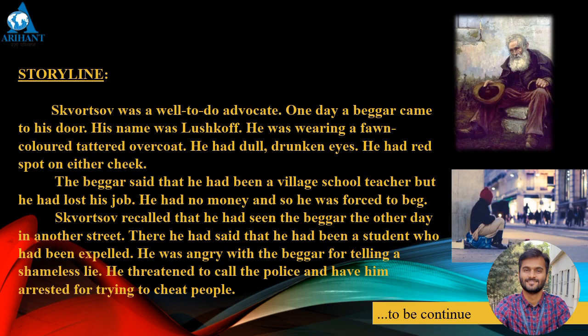Skvortsov recalled that he had seen the beggar the other day in another street. There he had said that he had been a student who had been expelled. He was angry with the beggar for telling a shameless lie. He threatened to call the police and have him arrested for trying to cheat people.